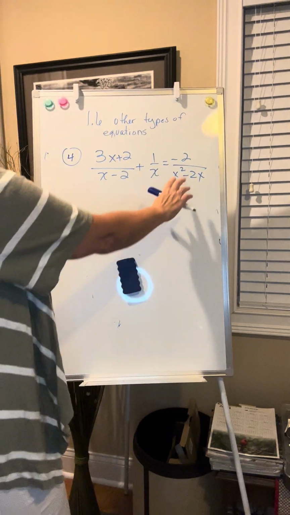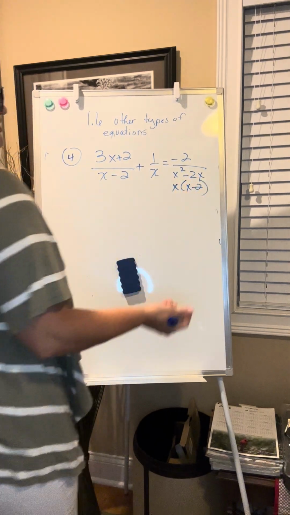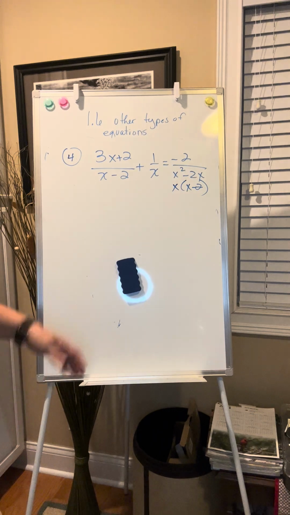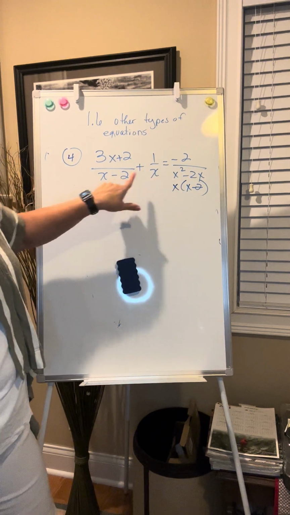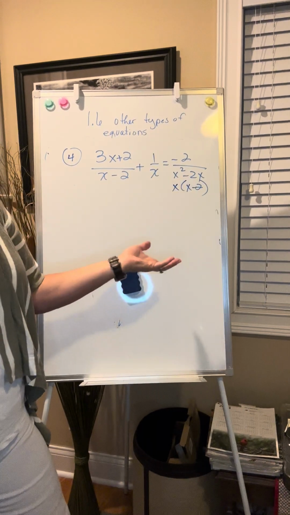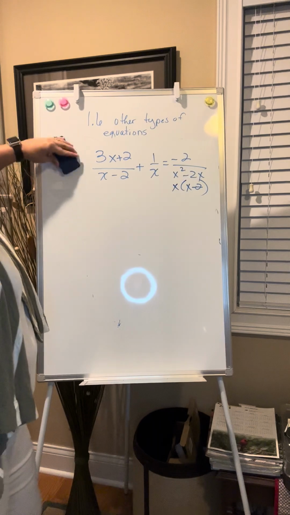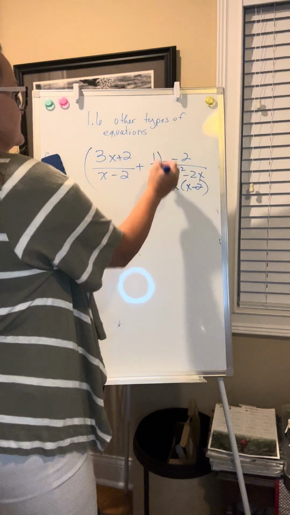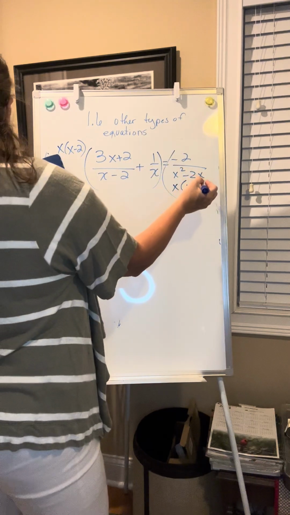On this one, it just so happens this last one will factor into x times x minus 2. Sometimes these are contrived problems. But this is exactly this times this. So that would be our LCD. Again, your LCD is just what everything will fit into. So we want to times both sides by the LCD, x times x minus 2. So this side as well.